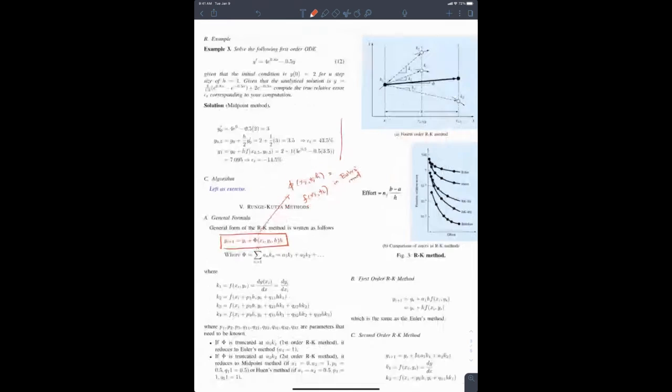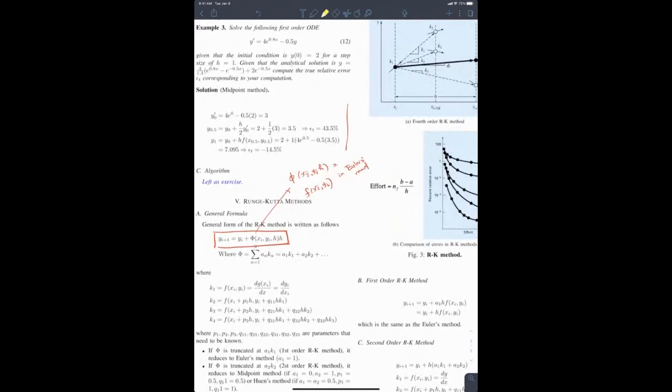of phi. So first of all, phi is written as a1 k1 plus a2 k2. In this lecture we can study up to four different orders: a1 k1 plus a2 k2, a3 k3, and a4 k4.